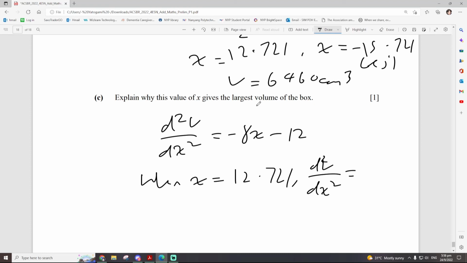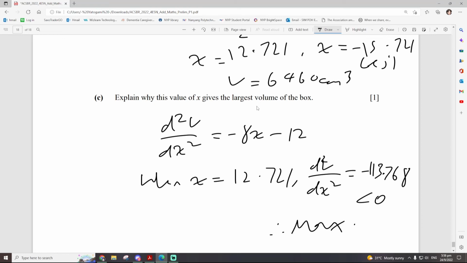So it's minus 113.768. Sorry. Minus 113.768, which is less than 0. So therefore this is a maximum point.